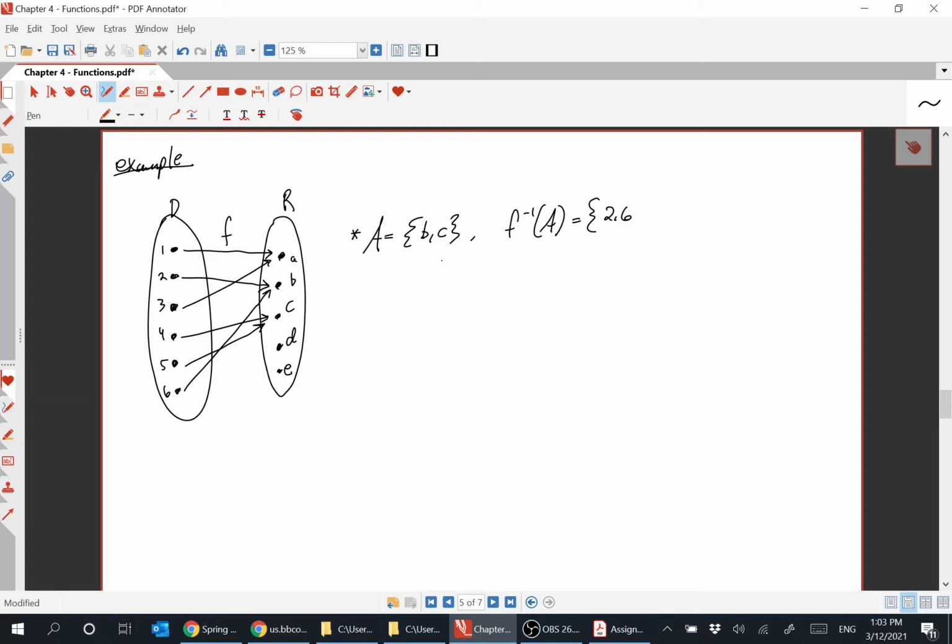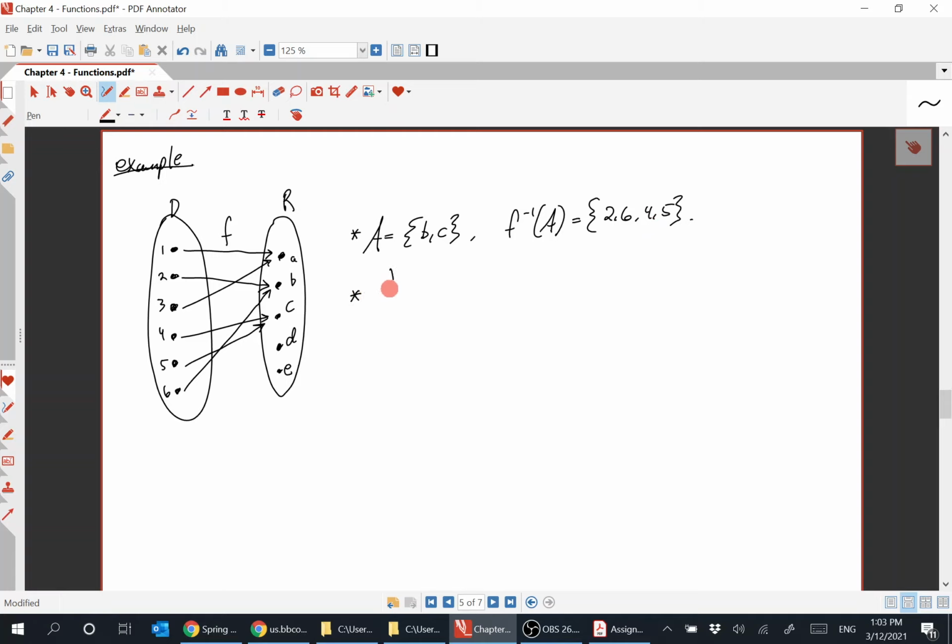What about little c? 4 and 5, it looks like. All right, so if A is equal to this, then the preimage of A is that.